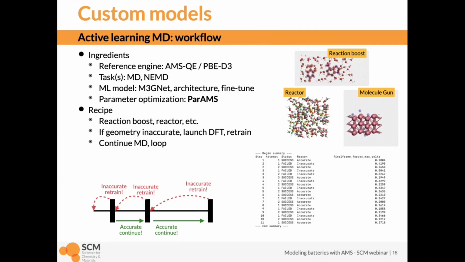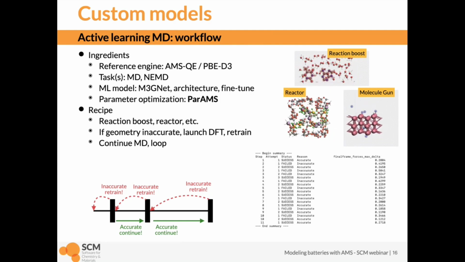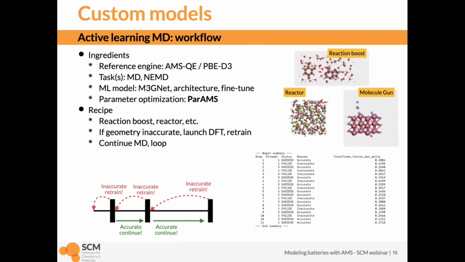So you define your MD. Then during the active learning, the framework is going to split the trajectory into subsections. At first, you need to have some initial training data to have an initial force field. The model is going to use it to run the first section of the molecular dynamic simulation.